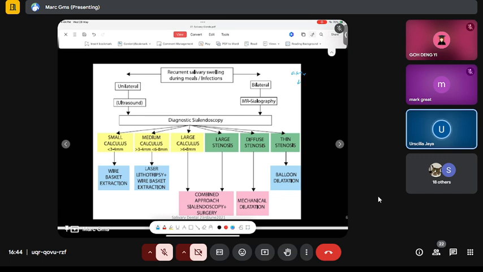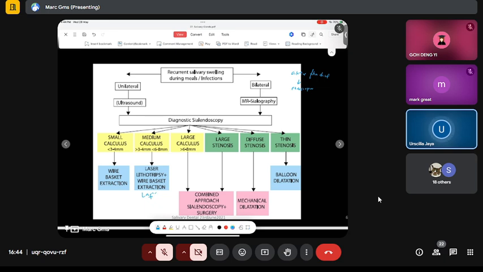It's a rigid scope. Based on this, sometimes you see a small calculus which is less than 3 to 4 mm, you can use a wire basket and extract it. Or it's a medium calculus between 3 to 8, then you do a laser lithotripsy with wire basket extraction. Basically, you laser it and break it down into smaller pieces and then you remove it.